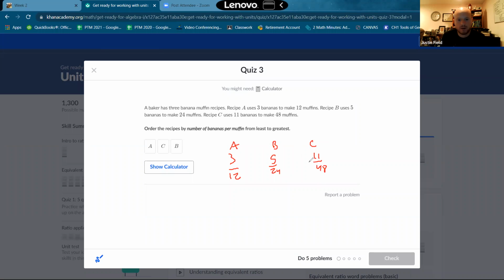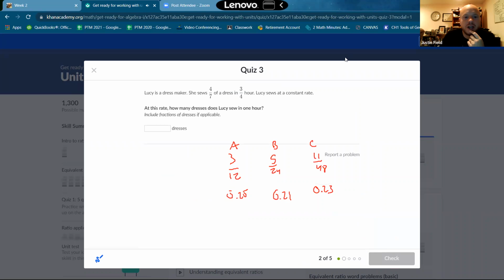That is 0.25, 0.20, or 0.21, and 11 divided by 48 is 0.23 when I round up. All right, so from least to greatest, recipe B has the least. We can see that recipe C has the second most, and A has the most bananas.